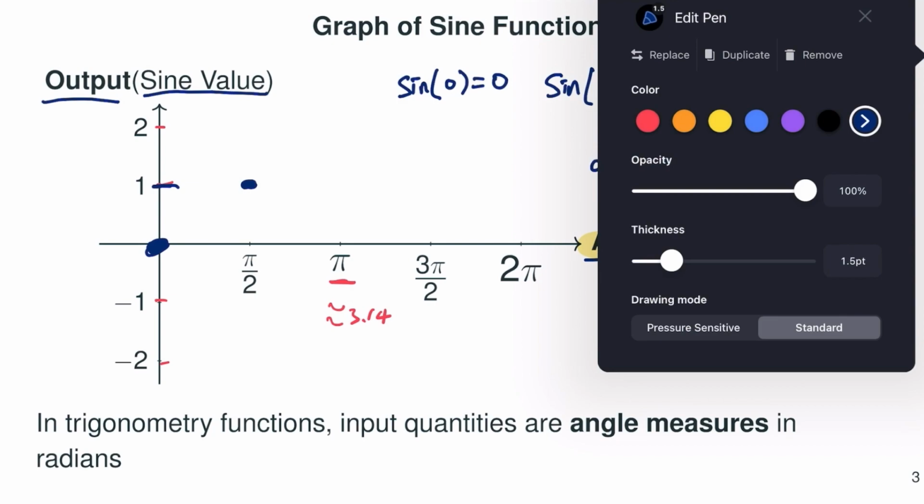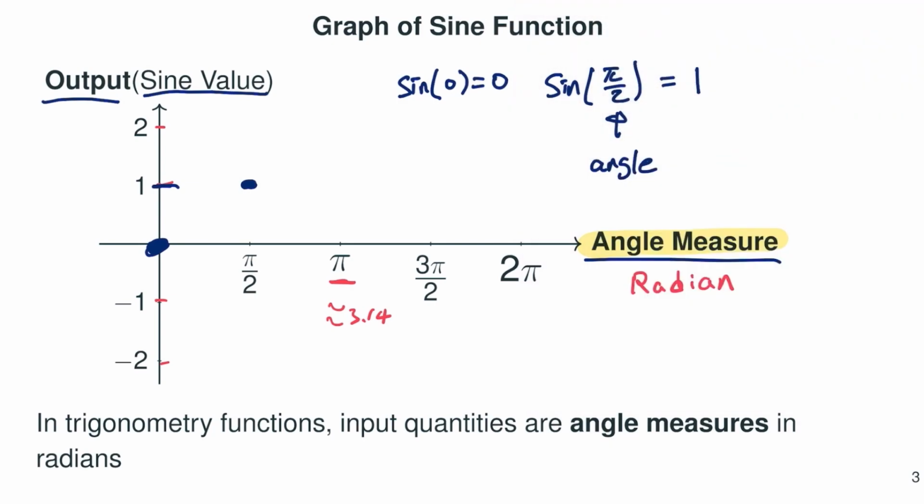Let's do one more, and I'll show you a full graph of the sine function on the next page. So sine of pi is also 0. Again, this is the input angle right here. When the angle is pi, the corresponding sine value is 0. So we have another dot here.